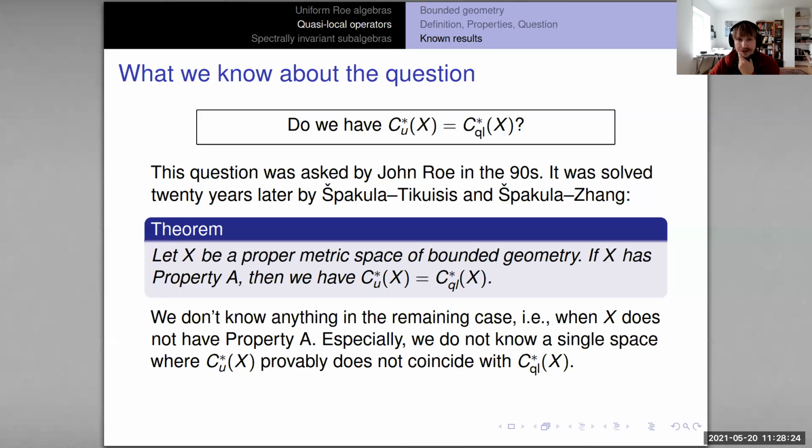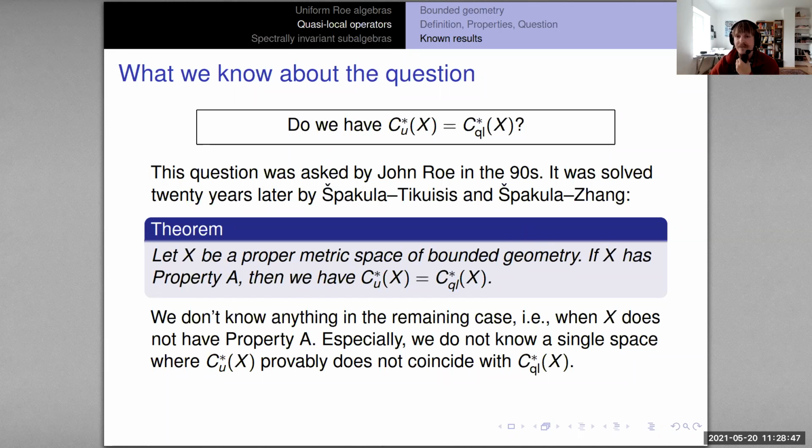Okay. So if there are no questions right now, let me go on. So this was basically what I meant by the first question that I wanted to address in this talk, namely how to characterize the operators in the uniform row algebra that you get by forming this closure. Of course, you can ask yourself if this characterization by quasi-local operators suits you or not, or if you want to find some other characterization.